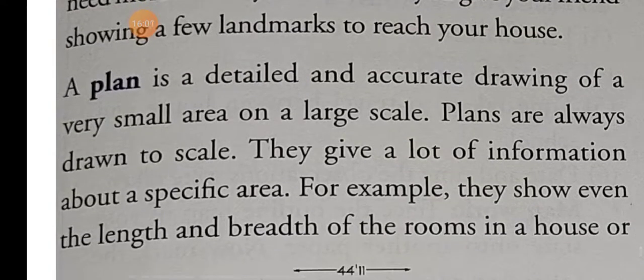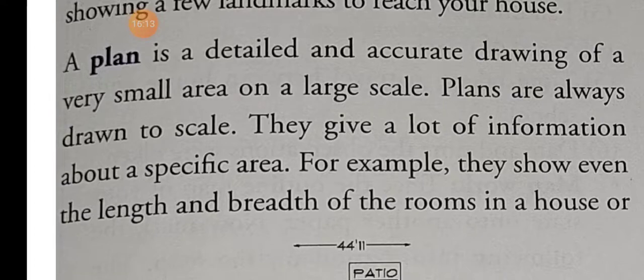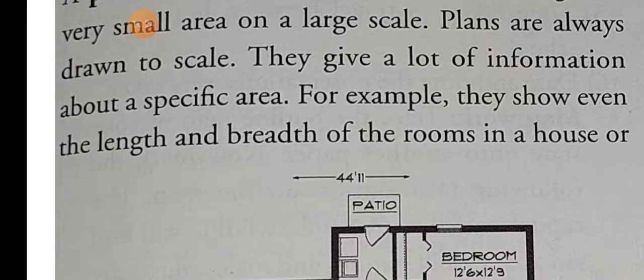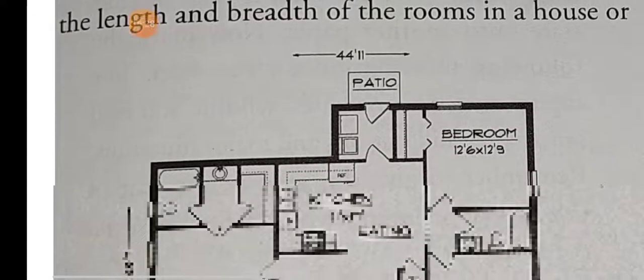And plan. A plan is a detailed and accurate drawing of a very small area on a large scale. जब हम किसी चीज़ का प्लान बनाते हैं तो उसमें हमें स्केल की ज़रूरत पड़ती है ना. The plans are always drawn to scale and give a lot of information about the specific area.